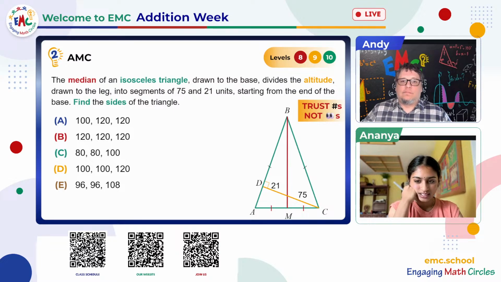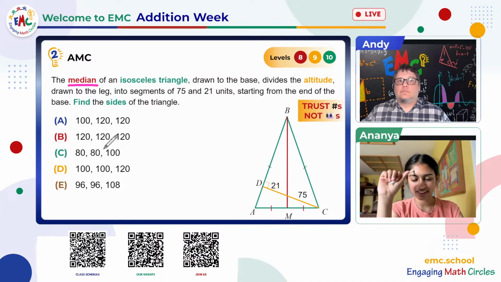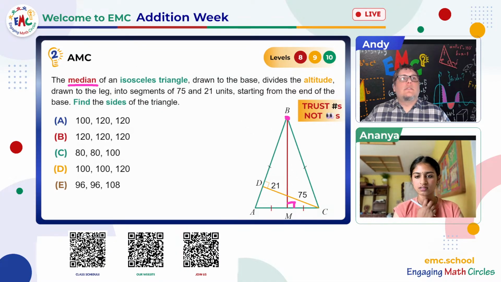So median is the thing that connects a vertex to the opposite side of the triangle, right? But where? Am I making a 90-degree angle, or am I going to the middle?